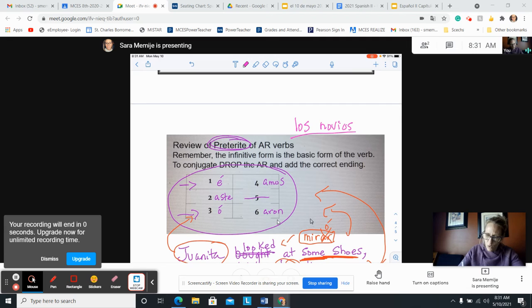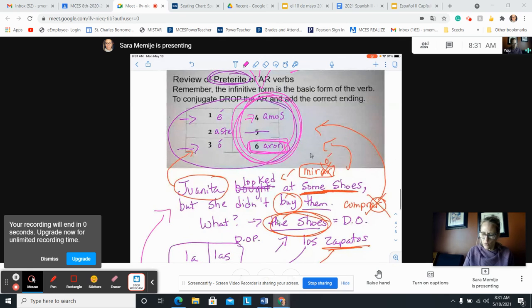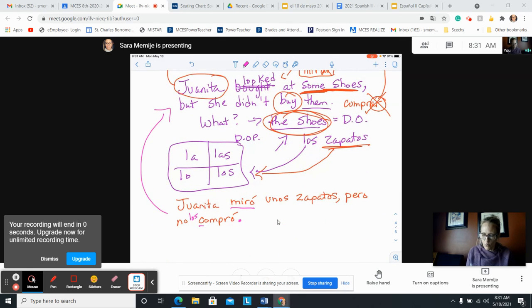So now I know I'm going to this side of my chart. Okay, and it doesn't include me because it doesn't say my boyfriend and I. It just says the girlfriend and boyfriend. So I'm going to this last box here. So you have to be careful because now your verb mirar and comprar, when you write your sentence for los novios, is no longer going to be miró and compró.